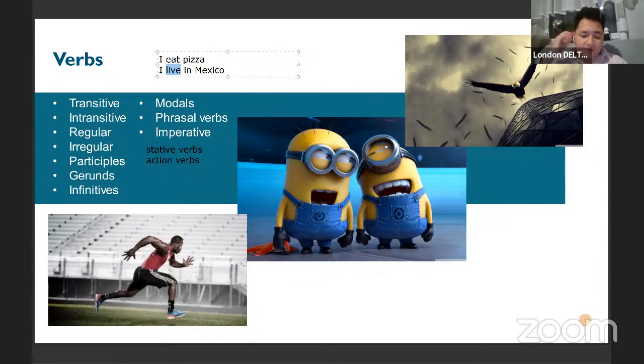Because I can tell any person, please run. So you can visibly see the person performing the action and you can say whether they are running or not. You can say, please sit down, and you can see when the person sits. These are action verbs. Most of the verbs in English are action verbs.